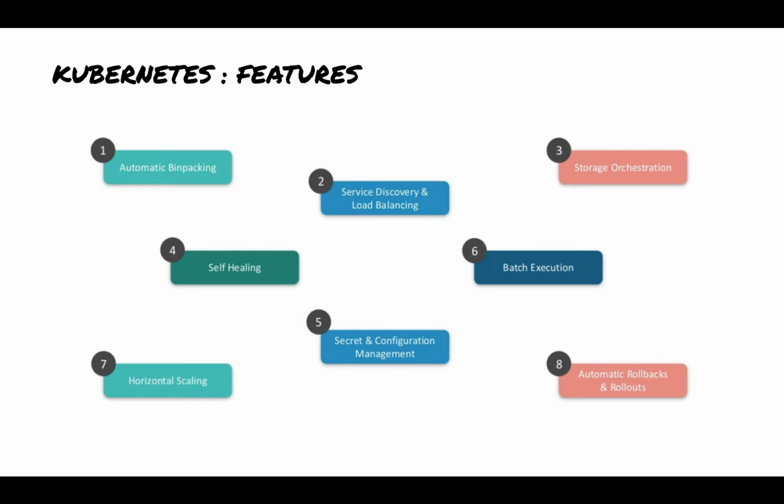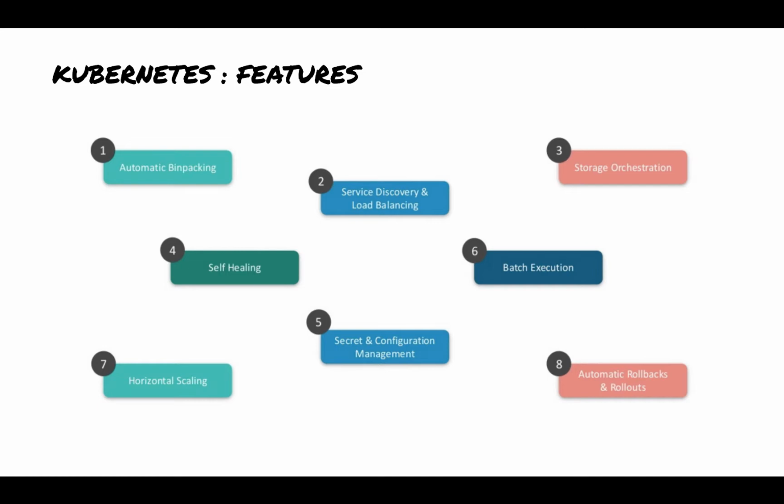We will come to these terms later on. So basically, automatic bin packing means it can help you deploy your binaries automatically, and you just write an instruction set and then Kubernetes follows that, and it can deploy things perfectly.